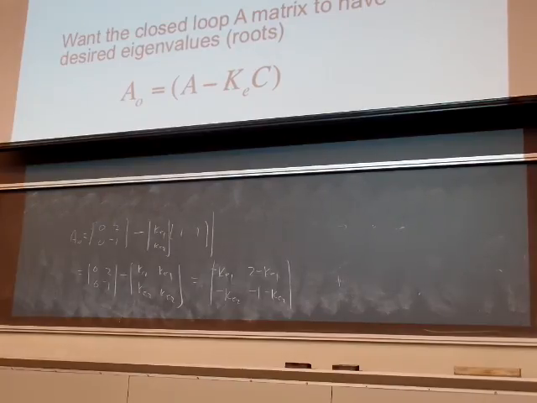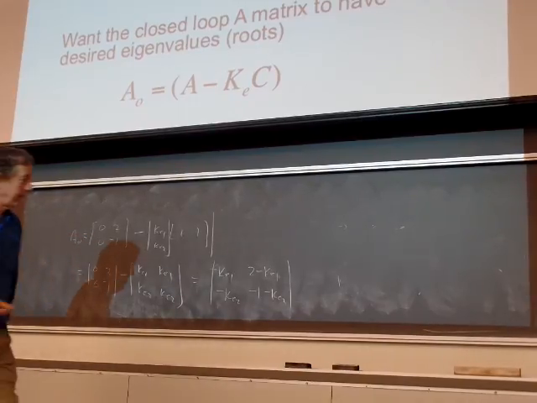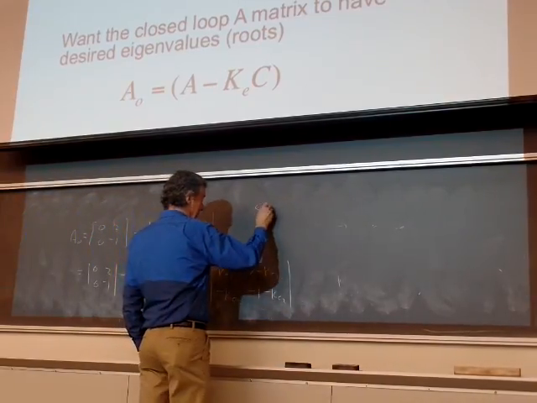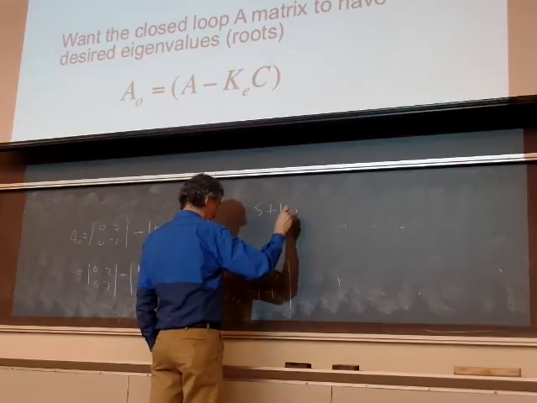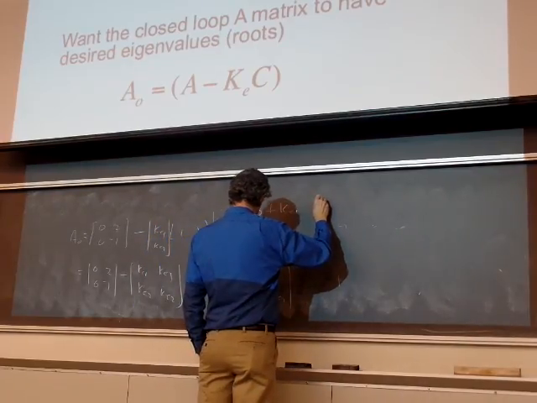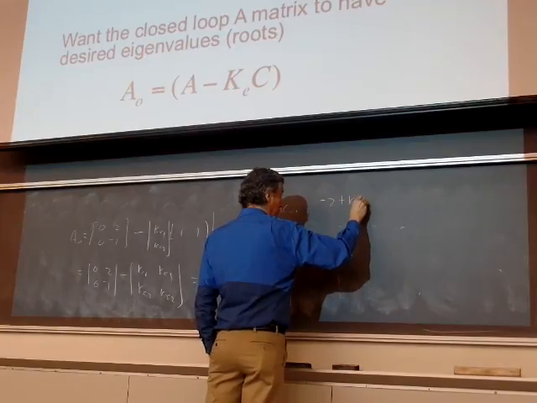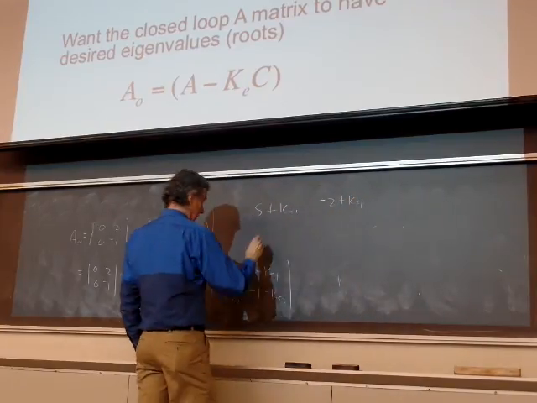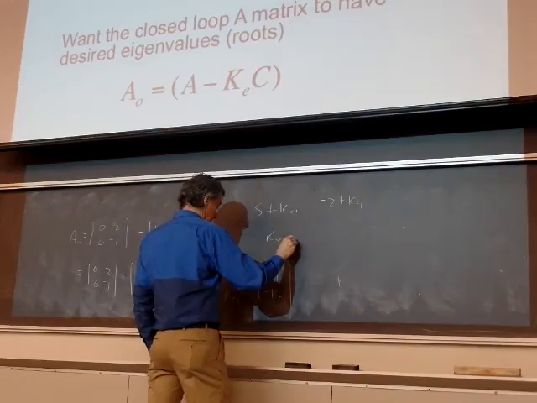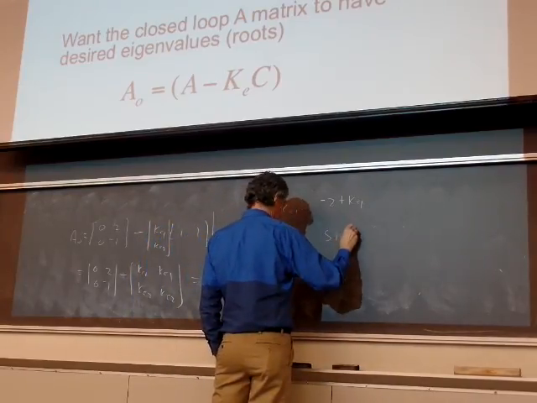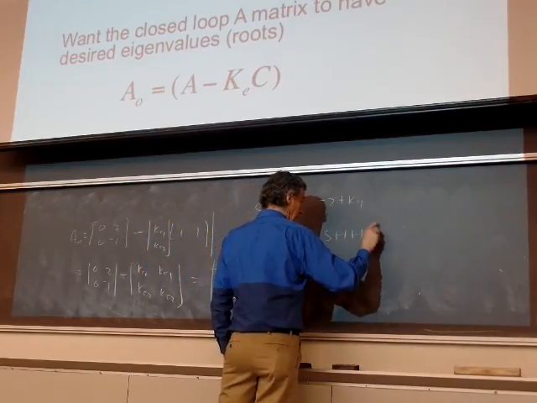All right, we need a characteristic equation. How do we get a characteristic equation? sI minus A, which is S plus KE1, minus 2 plus KE1, KE2, S plus 1 plus KE2.